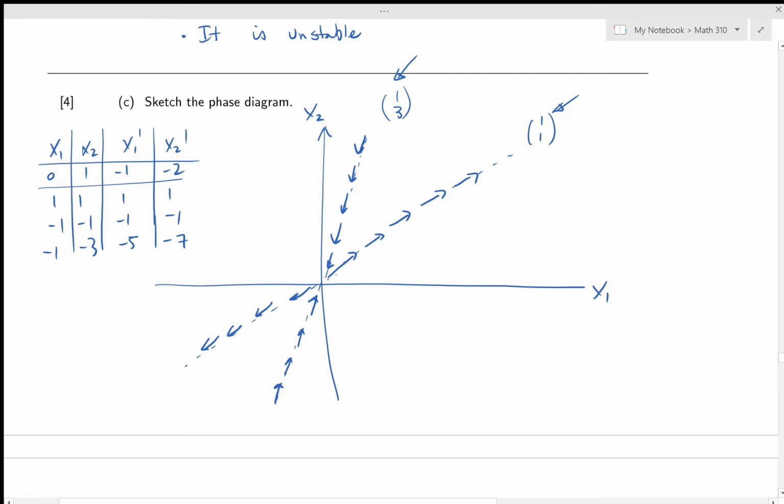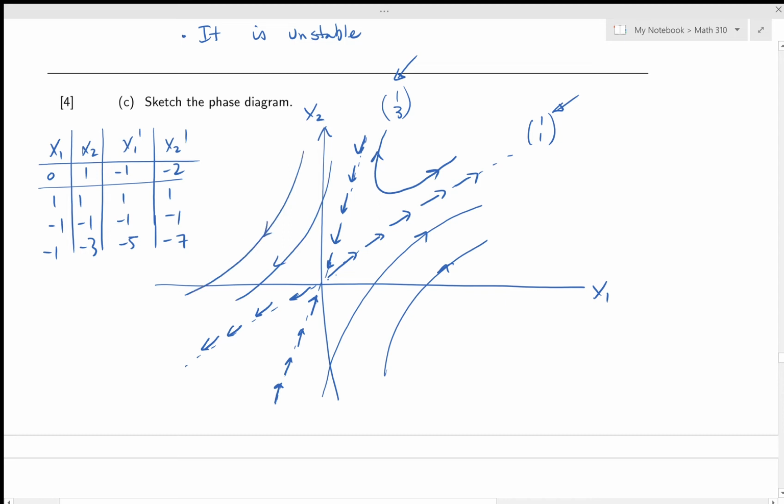With a few points, it's easy to see that it's going to be going like this in here, and over here it's going to be going like this, and over here like this. You're not going to be crossing those lines established by the eigenvectors.